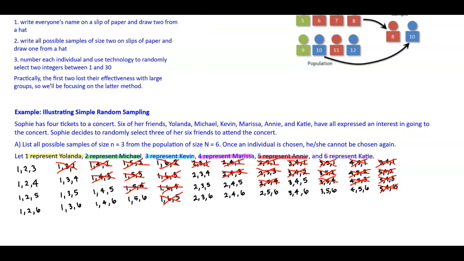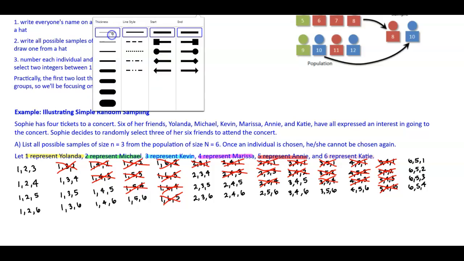And then if we go to 6, and use any of the following, let's say 6, 5, 1, 6, 5, 2, 6, 5, 3, 6, 5, 4. And again, all of those are repeated.